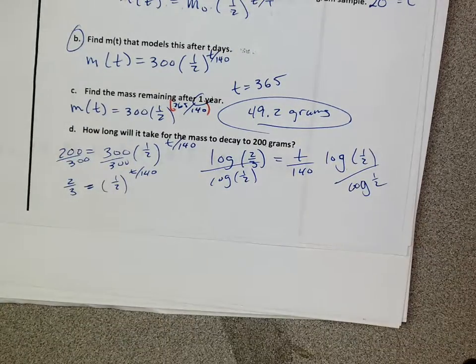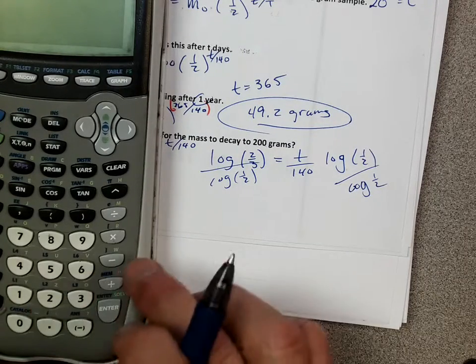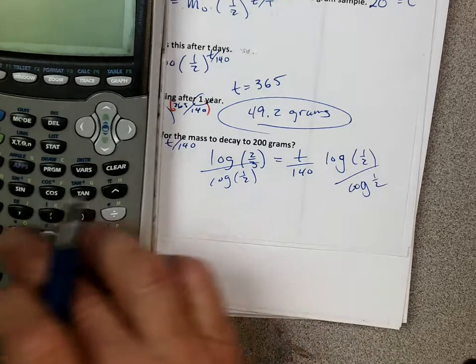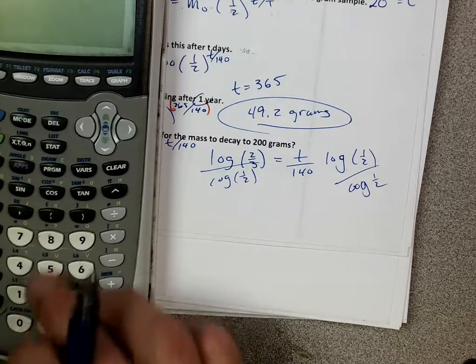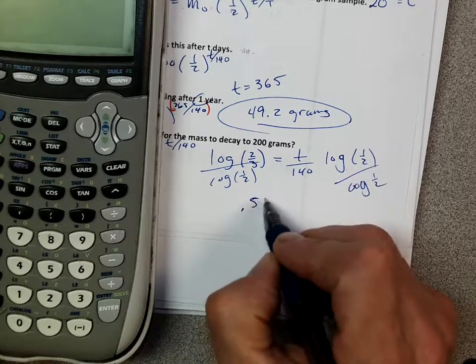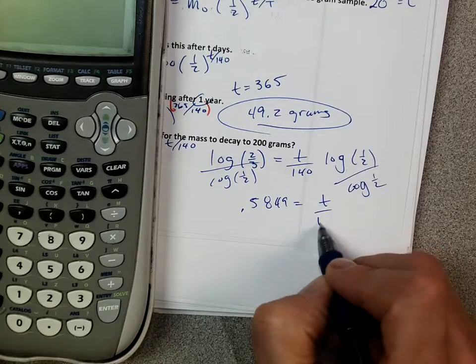I'm just going to use my calculator to find out what that is. I go log of 2/3, close the parentheses, divided by log of 1/2. The answer is about 0.5849 equals t over 140.